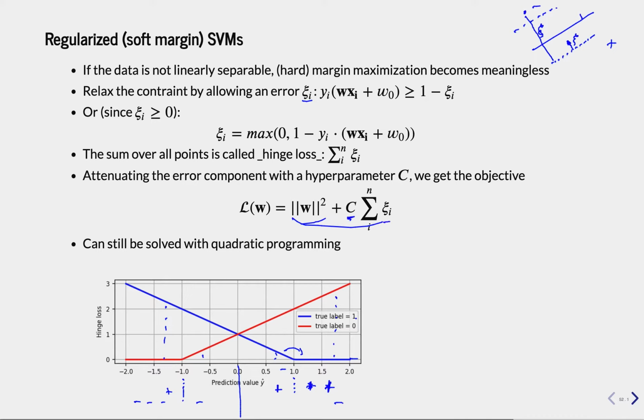So if C is large, it means we are very concerned about these errors, so that will strongly influence the loss. If we don't care so much about some misclassifications, we can make C small, and this component becomes much smaller. The nice thing is we can still solve this with quadratic programming, so we don't have to do anything special for it.